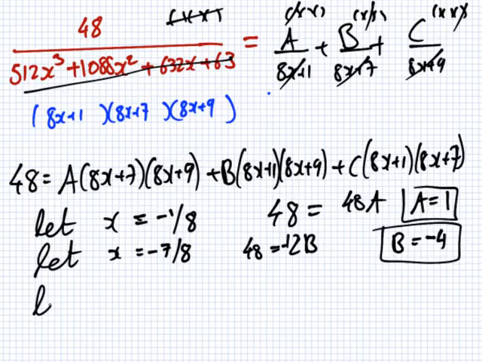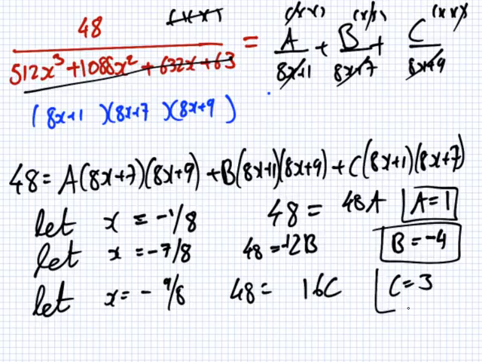And lastly, what about the C? Minus 9 over 8. That's gone, that's gone. Minus 9 plus 7 is minus 2, times minus 8, which is 16, so 16C, and C equals 3.